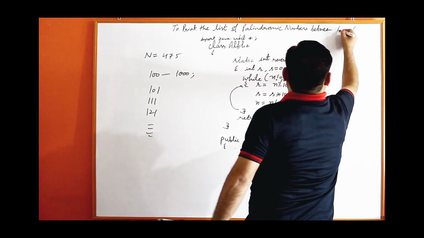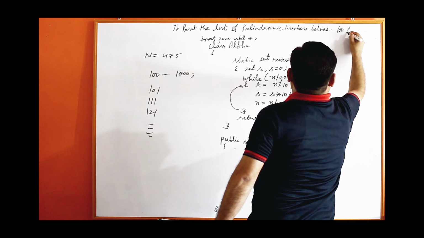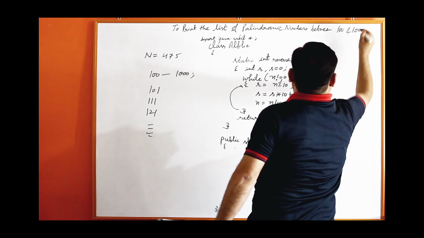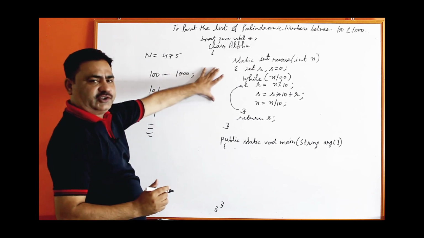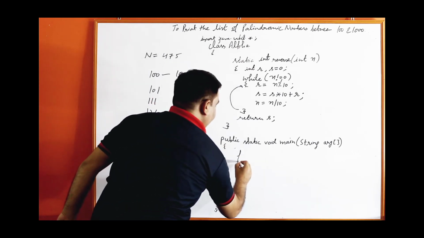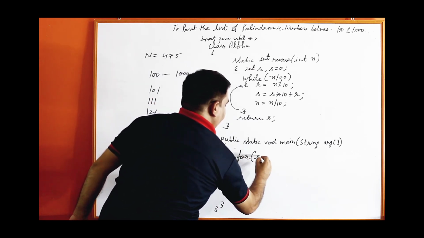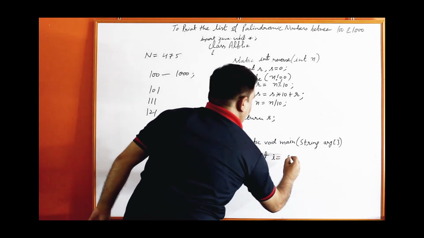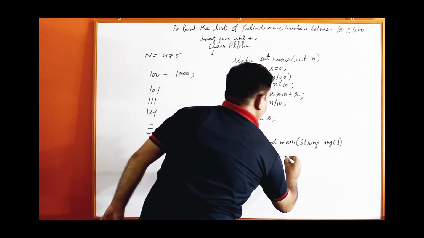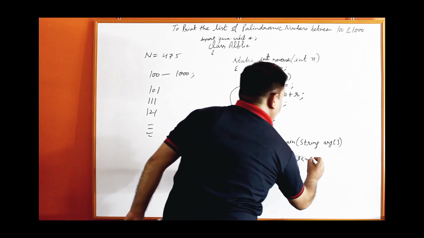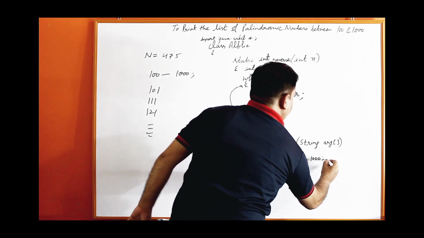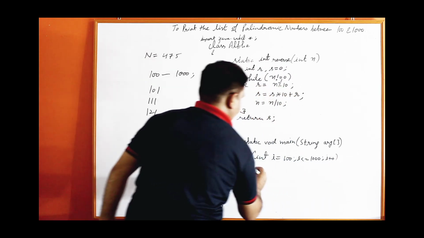Suppose the range is 100 and 1000. So, what do we have to do? You have to use the same reverse function. Here you make the loop for int i equal to 100, i is less than or equal to 1000, i plus plus.